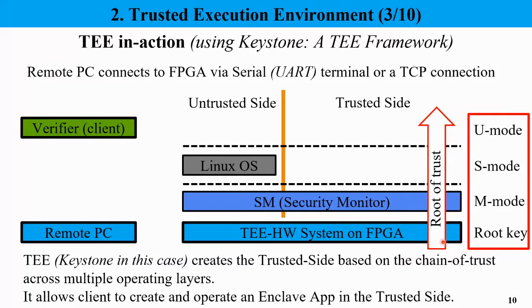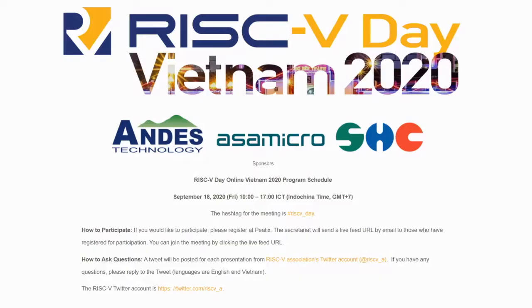From here, the execution of any procedure must be signed using this root key across the different execution modes, such as the machine mode, the supervisor mode, and finally the user mode, where the host resides. The TEE allows the program to create an enclave application on the trusted side of the execution. The procedure is as follows.